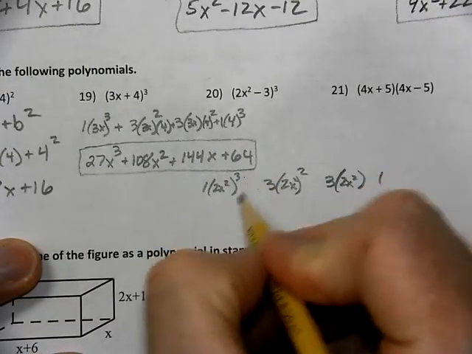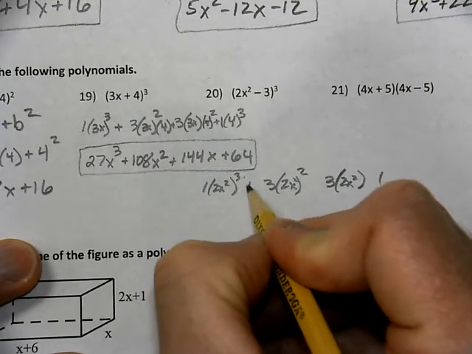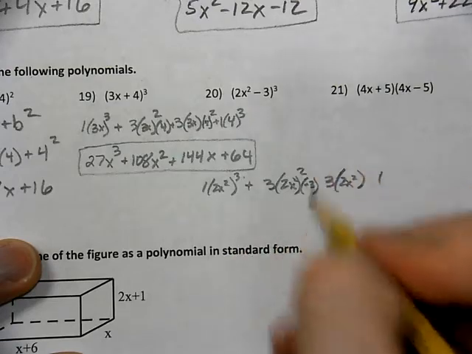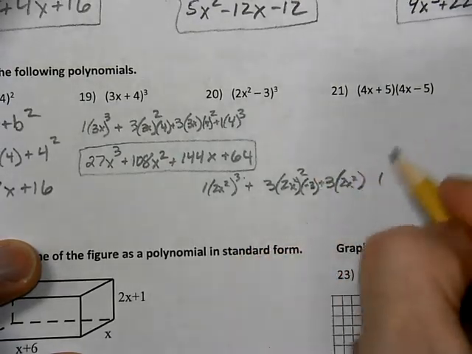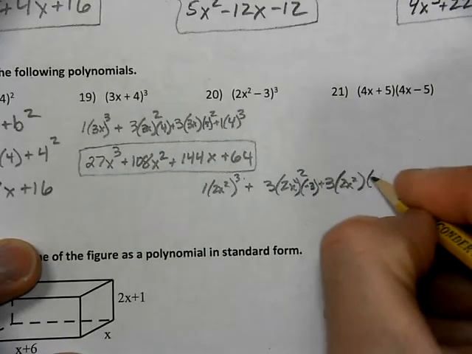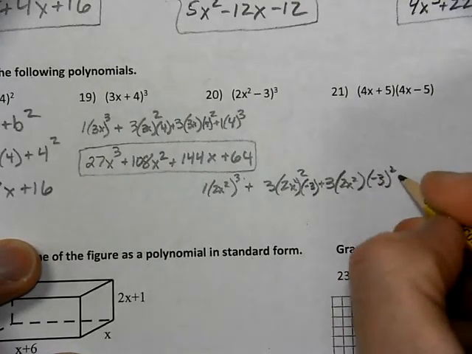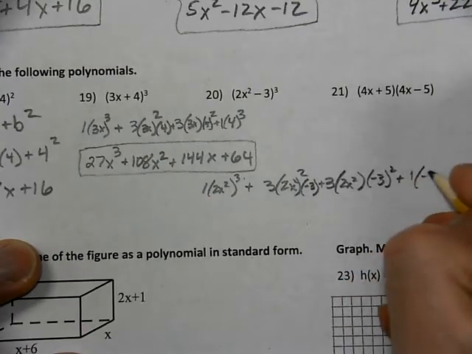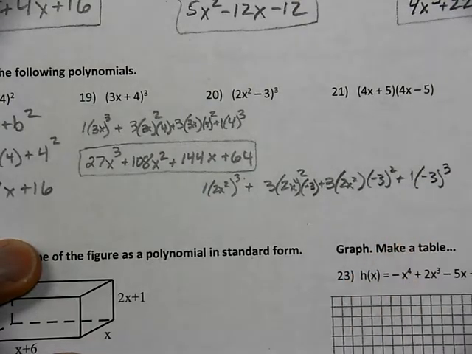Then we'll take our b value to the 0 power. Our b value, which is negative 3, to the first power. Our b value, which is negative 3 squared. And then our b value, which is negative 3 to the third.